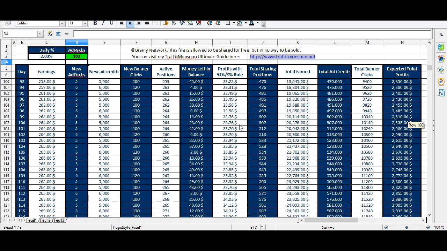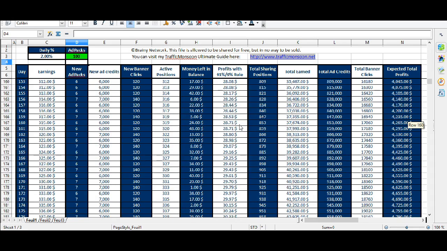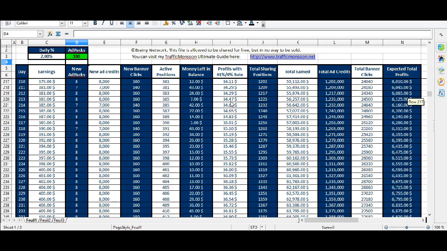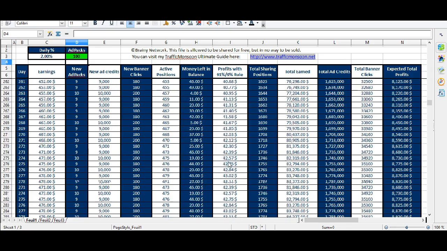So let's go at 100 ad packs. Let's go at day 180. Get you some idea where you're at. Okay, $30.78 a day in your pocket. That's if you don't sponsor anybody. Okay, so that's a day. Look at that, and see how quickly it goes up too. Let's go 1 year.